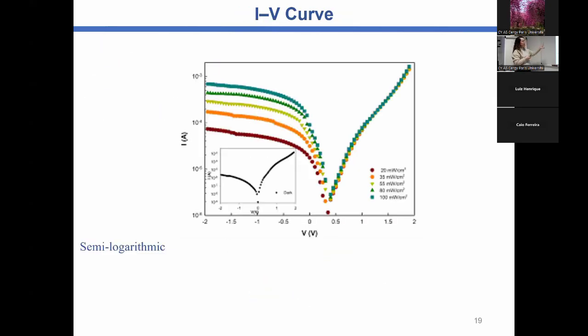But this, in terms of photocurrent in a diode, we will analyze later. It is just one example that, in terms of the IV curve, we can analyze it in semi-logarithmic format.